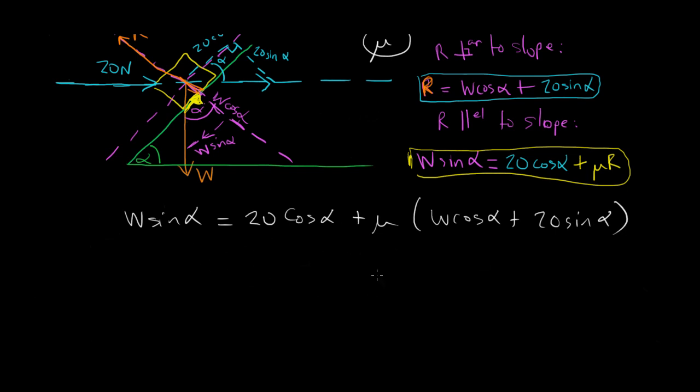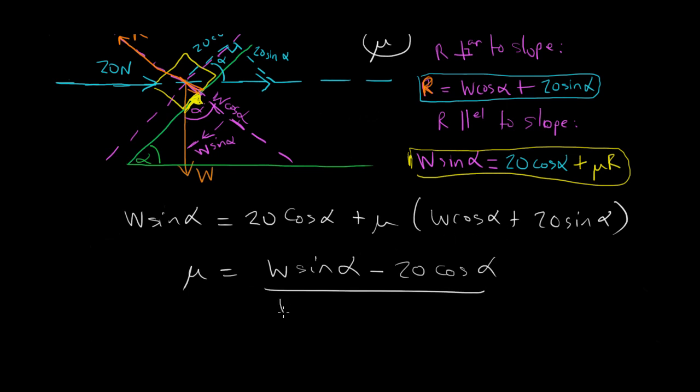And so now we gotta fiddle with all of this around, and then we're left with mu is equal to W sine alpha. We pass this one to the other side and we get minus 20 cos alpha, and we divide this by all of that. So we've got W cos alpha plus 20 sine alpha.